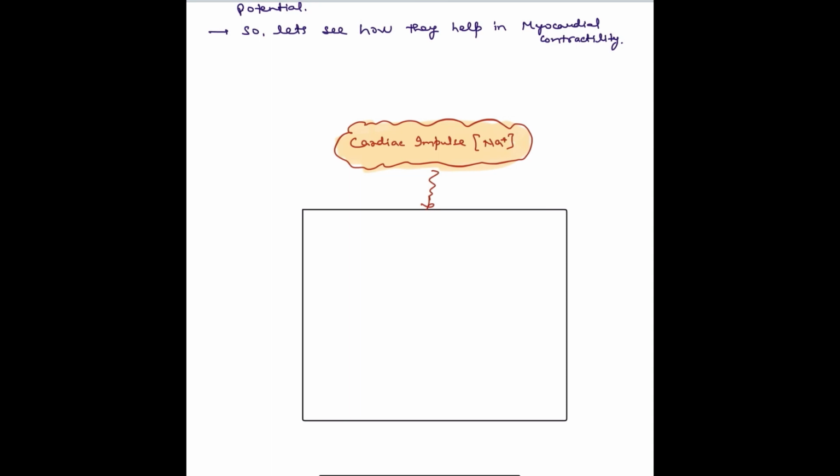We have studied earlier that when the cardiac impulse comes to the cardiac myocytes, the voltage gated sodium channel opens, which causes influx of sodium inside and efflux of potassium outside.